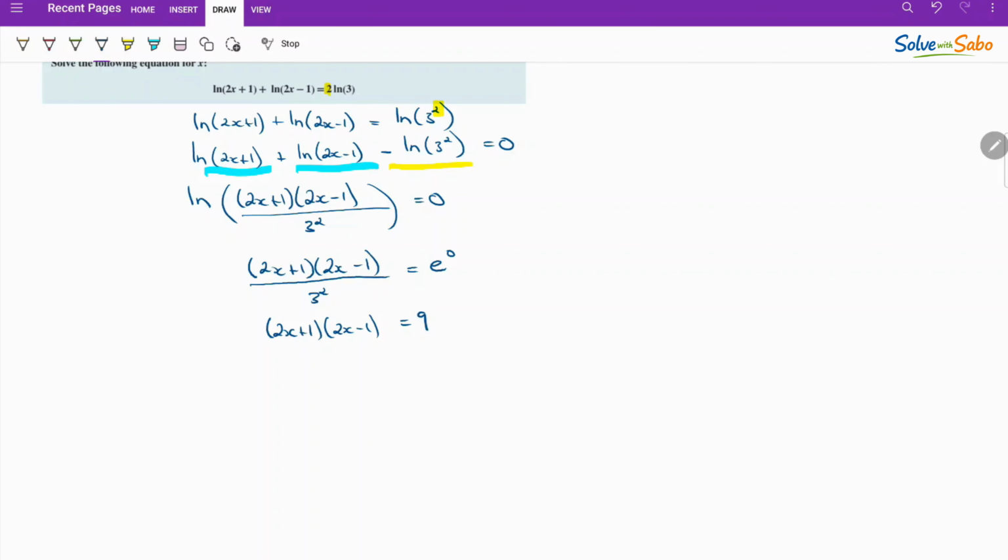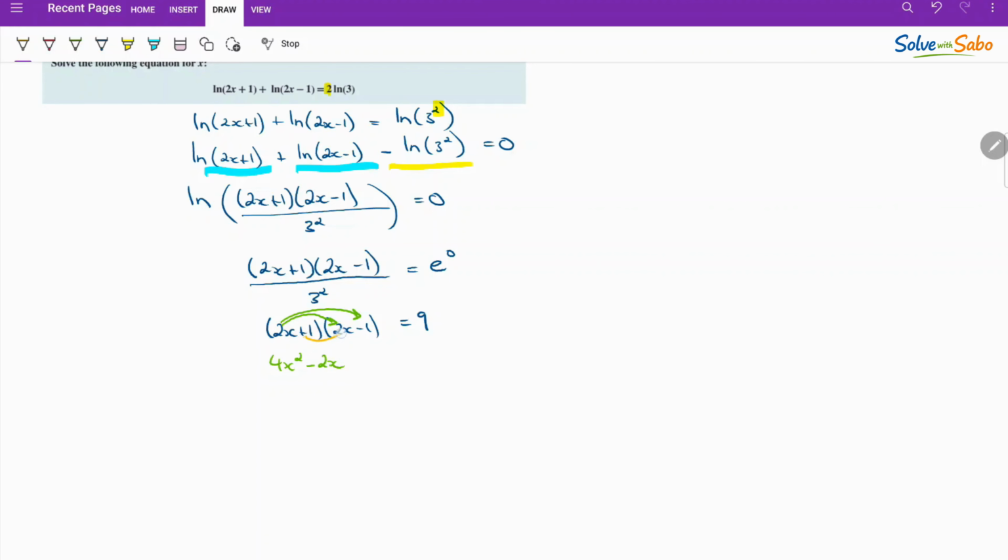Now, I've still got one more lovely little step to do, and that step is I have to expand out these brackets here. So what I've got, 2x times 2x, 2x times negative 1, so I'm going to have 4x squared take 2x.